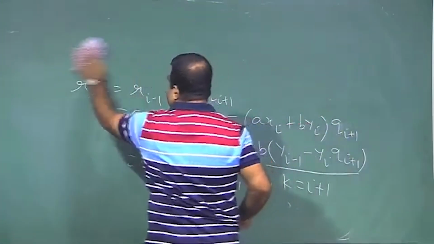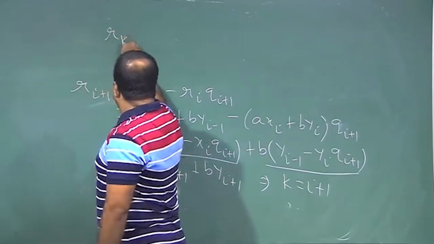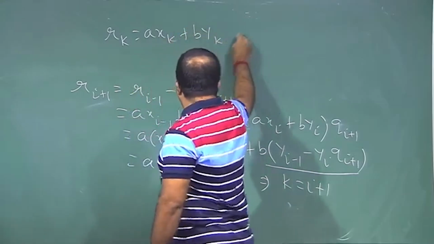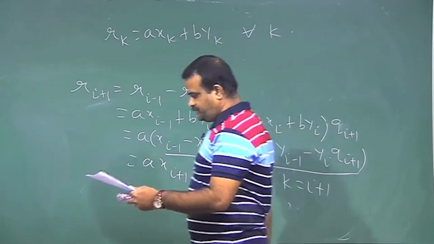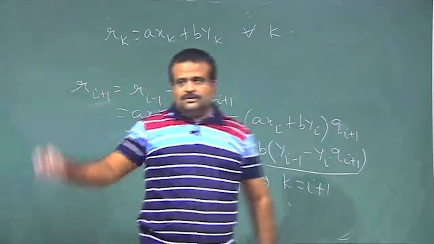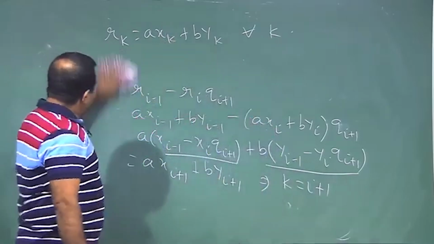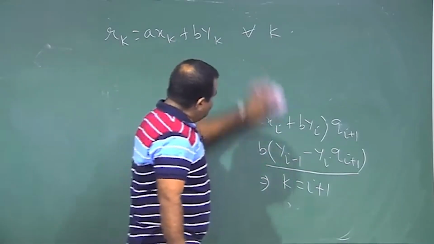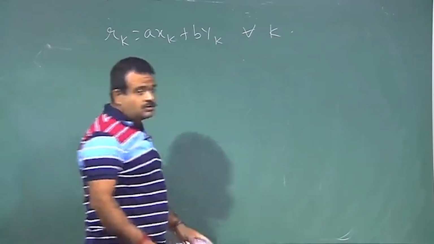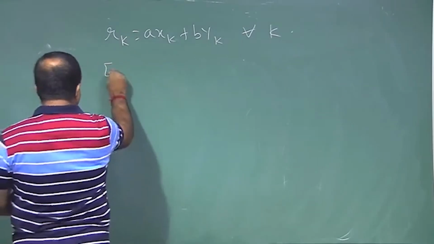So, by mathematical induction, r k is equal to a x k plus b y k for all natural numbers k. These r i's are basically the remainders, and by the Euclid algorithm, we stop when the remainder is 0.